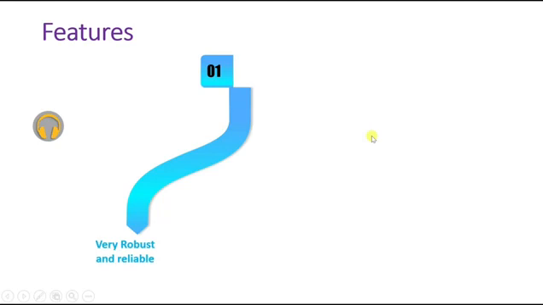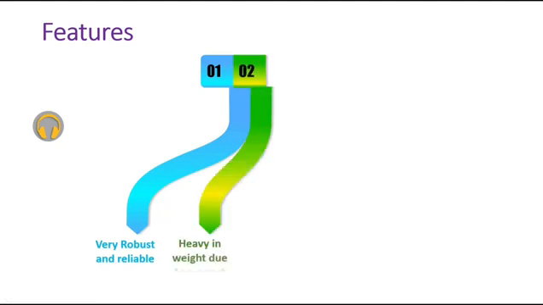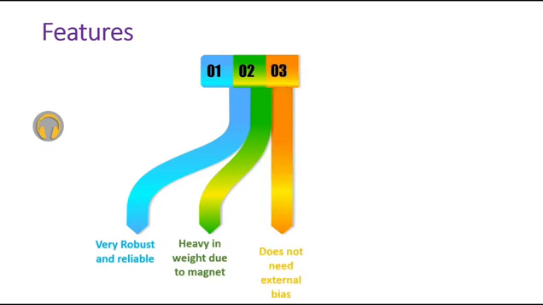Now what are the features of the moving coil microphone? First feature is it is very robust and reliable. It is heavy because of the permanent magnet we use in the moving coil microphone. It does not need any external bias.